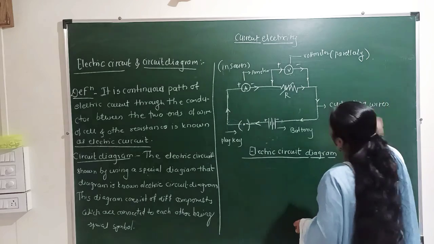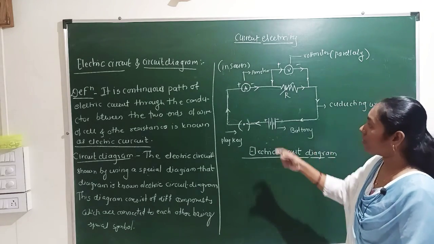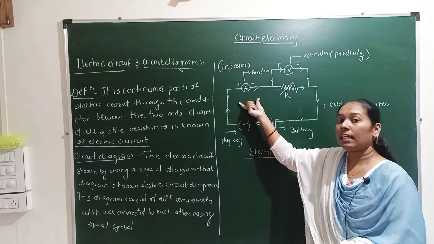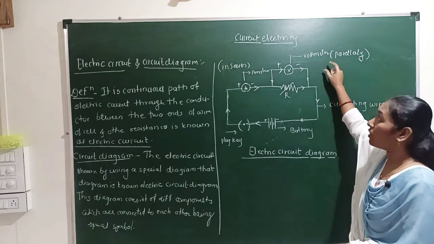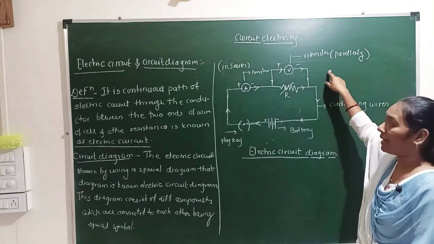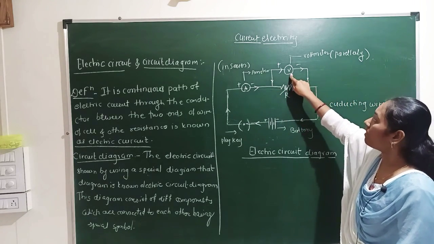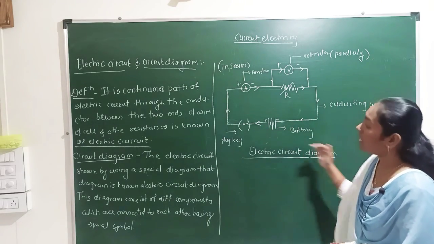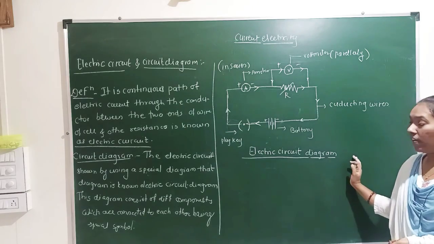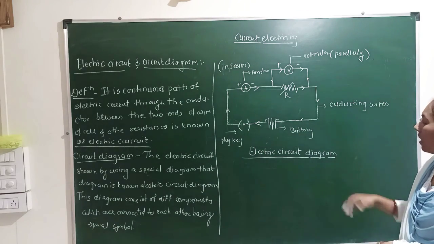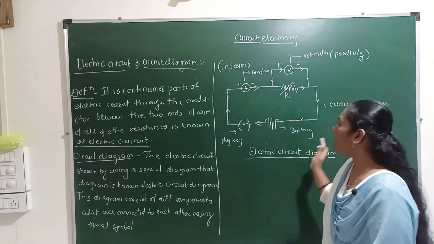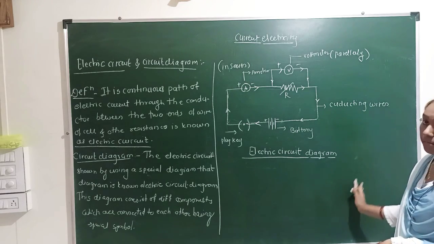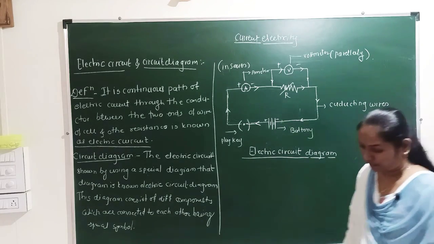These two are very important. What is the function of the ammeter? To measure electric current, whereas the function of the voltmeter is to measure the potential difference across this electrical circuit. This is the electric circuit diagram. We will stop here.